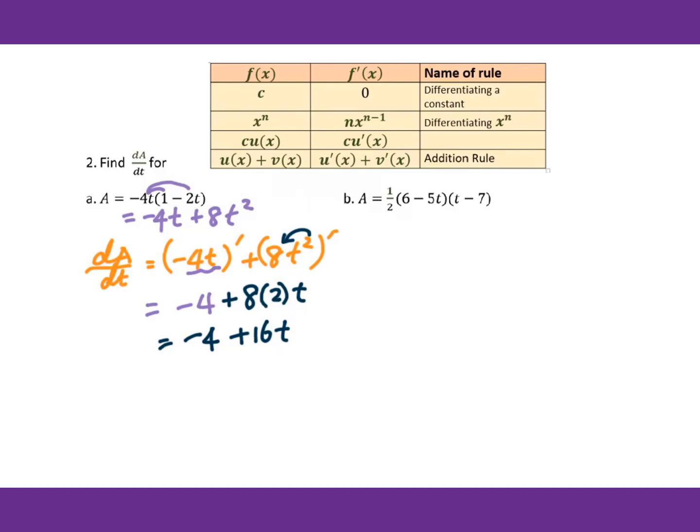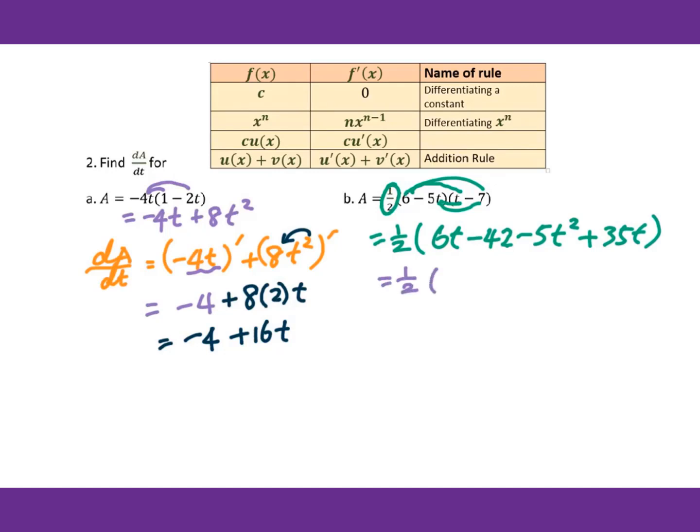Now let's go to B. We do the FOIL first. Then we multiply by 1 over 2. Therefore, 1/2 we stay. 6 times t is 6t. 6 times negative 7 is minus 42, minus 5t squared plus 35t. Then combine like terms.